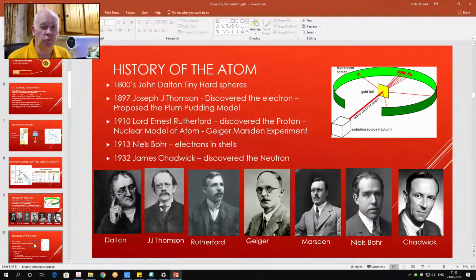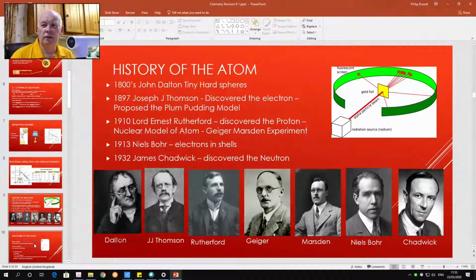So our history of our atom goes from John Dalton with tiny hard spheres to the discovery of the electron by J.J. Thomson in 1897, and he had this plum pudding model.